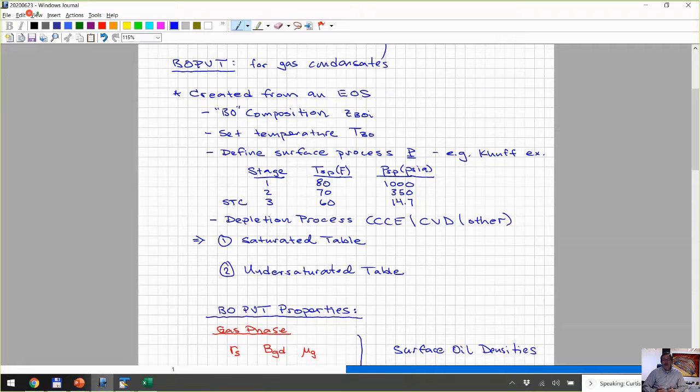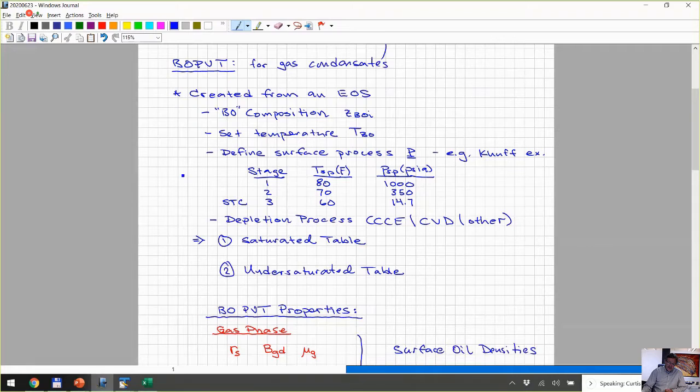So it could be an average composition of the reservoir. Typically we'll use the composition of the fluid in the reservoir that has the highest saturation pressure, highest dew point pressure. So that might be near the bottom of the reservoir if there's some variation with depth. But you need to pick a composition, and you need a temperature.